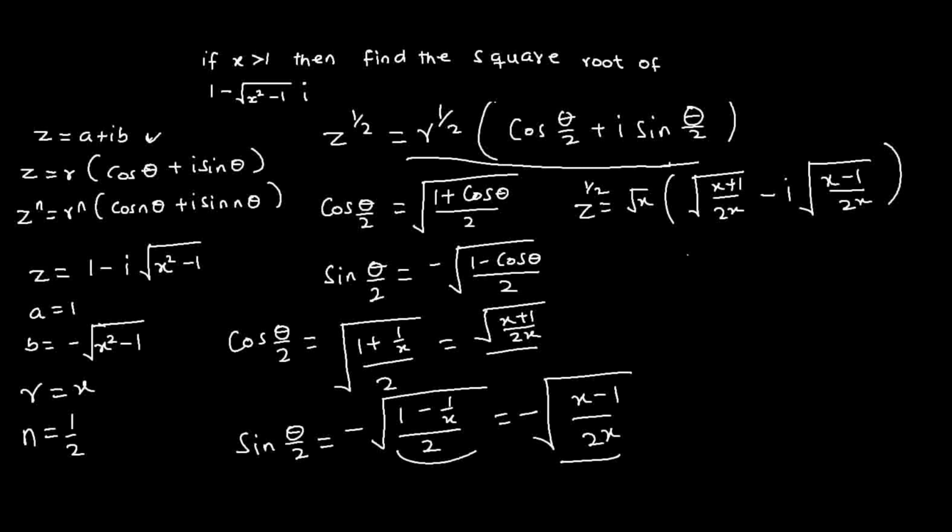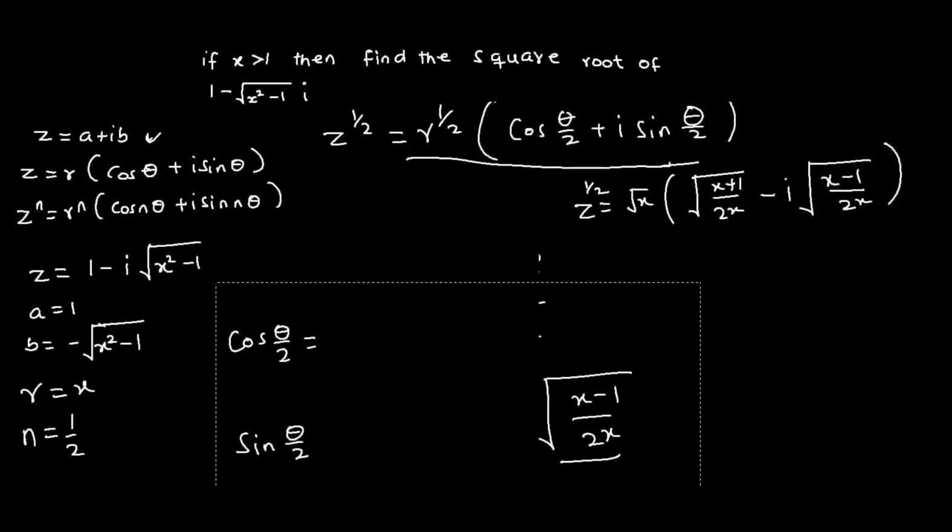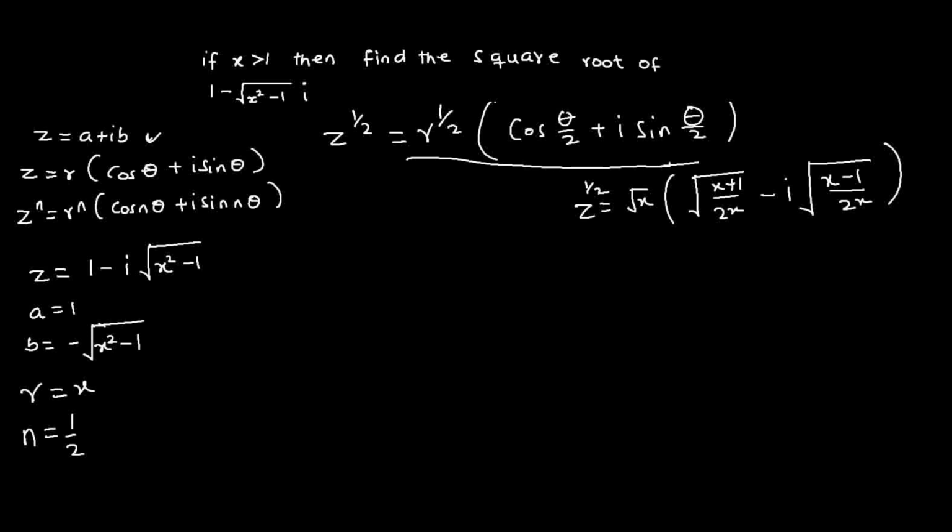So let's look at what happens. I can write this as, let me free up some space first. I'm going to write what we have in the bracket here in a different way.